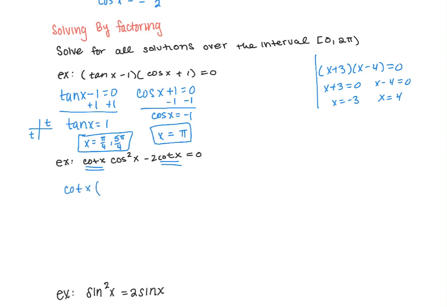Cotangent x, and then what would be left over is cosine squared x minus 2, like that, equals 0. And then I've got cotangent x equals 0, and I've got cosine squared x minus 2 equals 0.